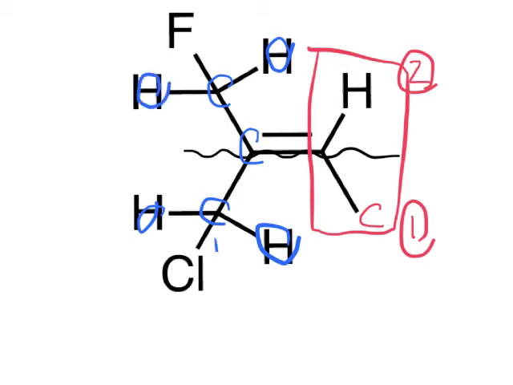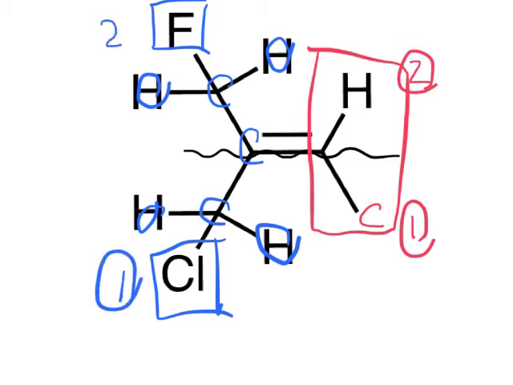And then I have a chlorine on the bottom branch and a fluorine on the top branch. So I actually have to work my way out atom by atom before I can find a distinguishing feature. It's the higher atomic number of chlorine that beats out the lower atomic number of fluorine.